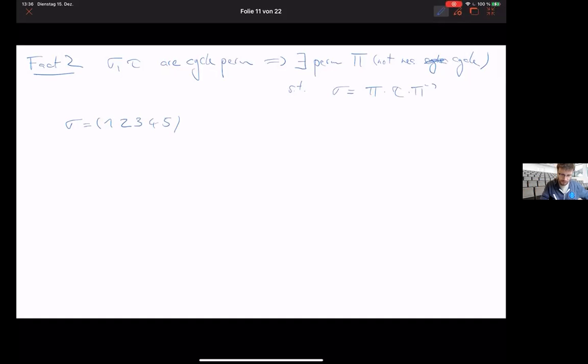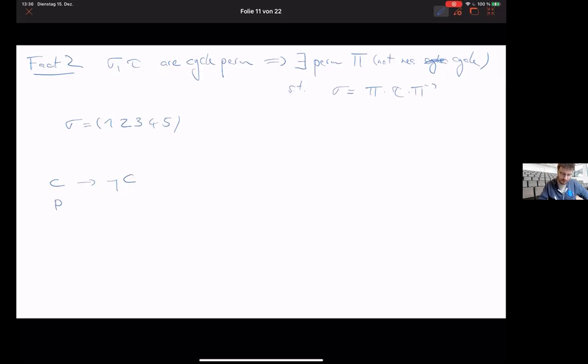let's say we have a branching program which computes a circuit C, and we want to compute not C. We want to compute a negation. So here I have a circuit C which computes something.